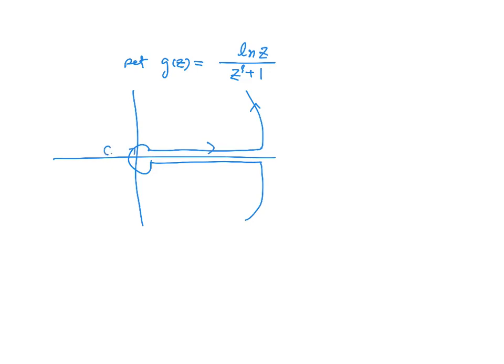This is 0, C1, CR, C2. On C1, this integral, from infinity to 0, it becomes x cubed plus 1, we have ln x, right? dx.